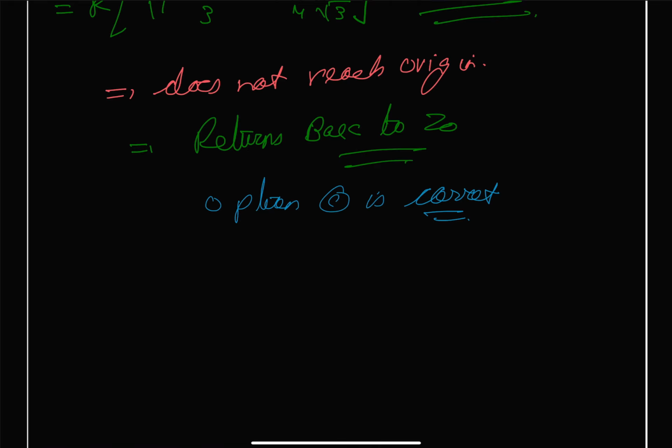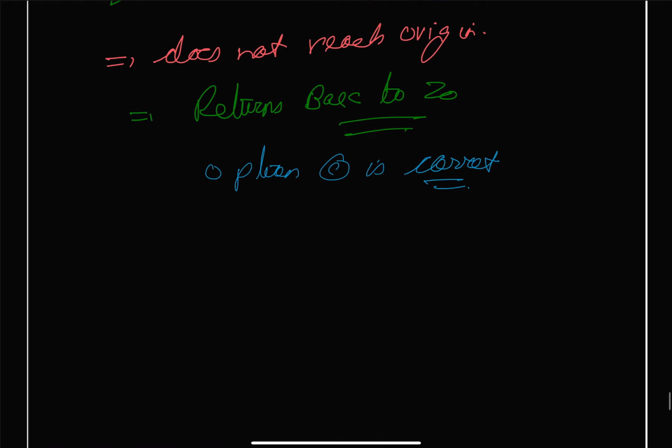And option D states that beta is greater than 1 and z naught is greater than 0.